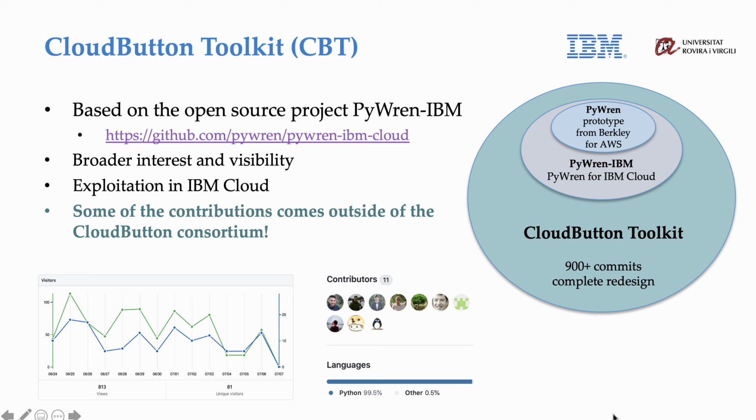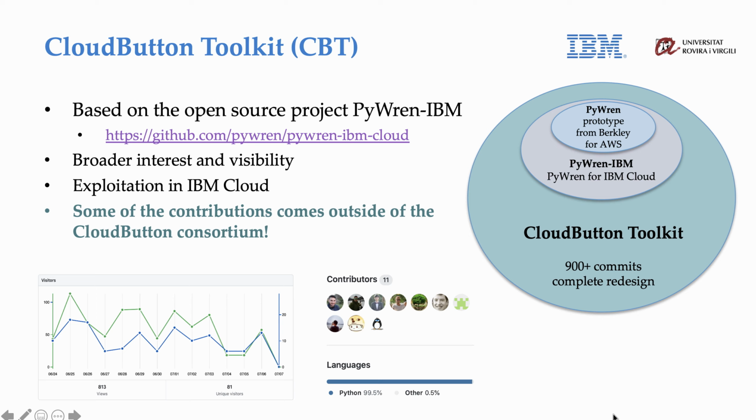But Cloud Button Toolkit has about 900 commits on top of PyWren-IBM. It has a completely different structure, completely redesigned. So it's a different project, and we also now want to rebrand it a little bit so it will be more clear. It has broad interest, it has good visibility, it has exploitation inside IBM Cloud, where it's used by different stakeholders, both internal and external to IBM.